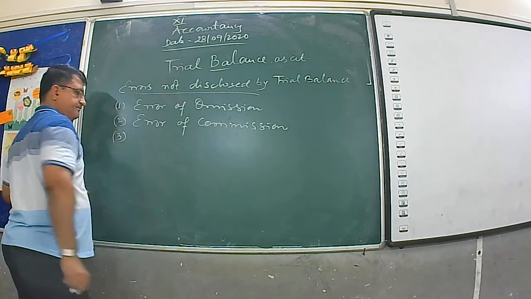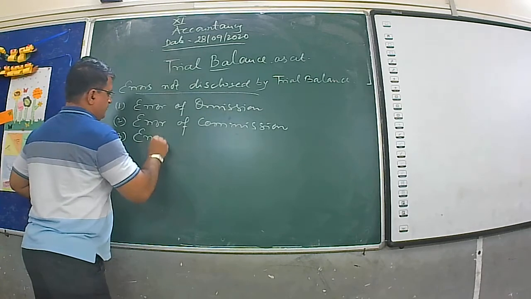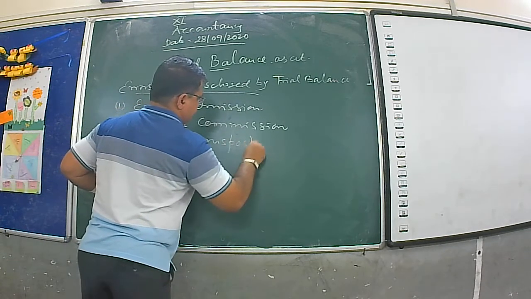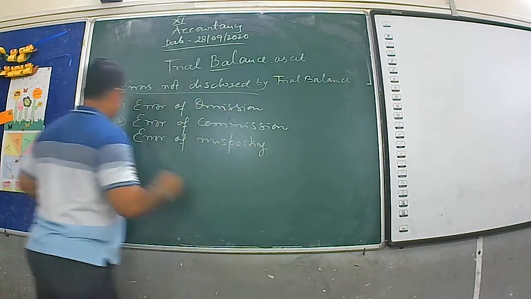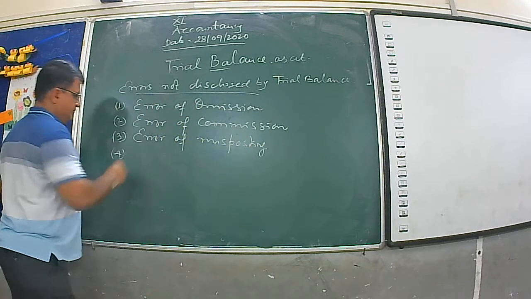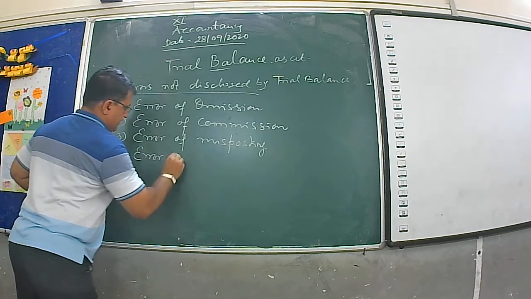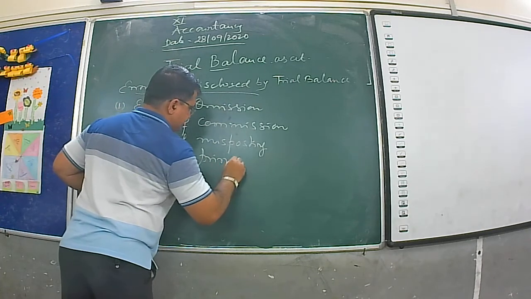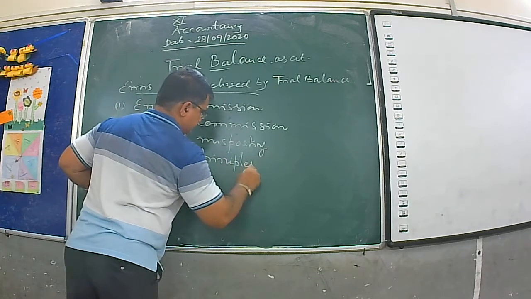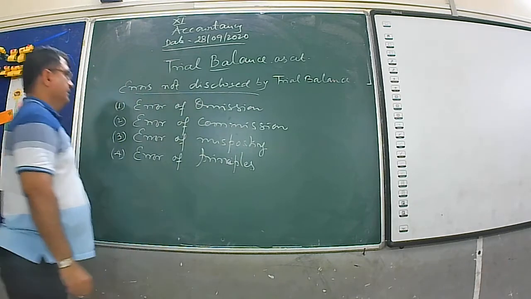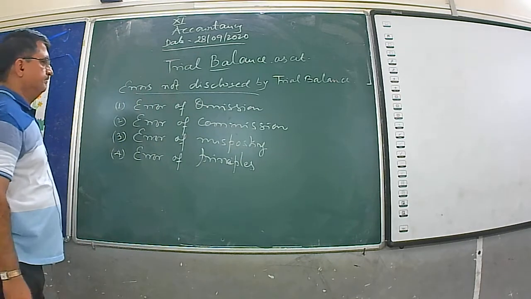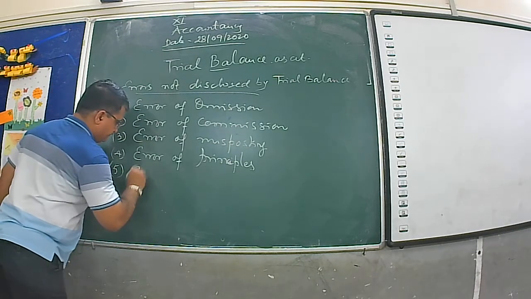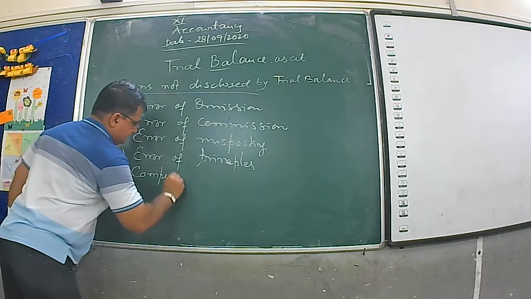Number three, error of misposting. Number four, error of principles. And number five is compensating errors.